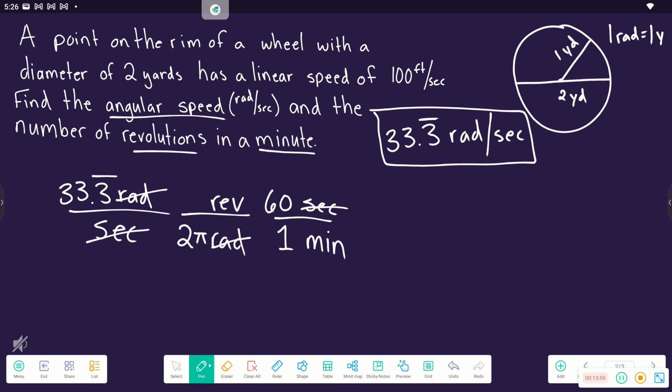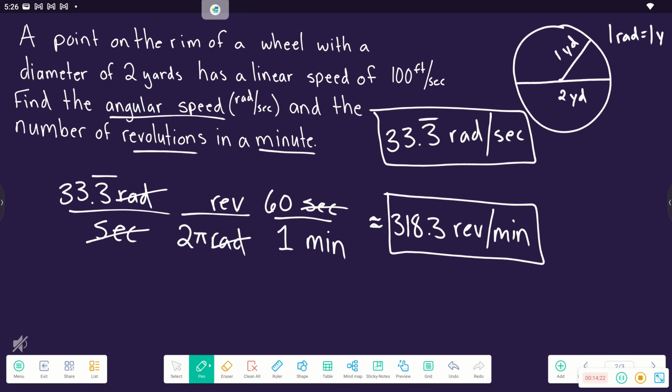Now, when I multiply this one, I don't like having pi in the denominator, so I am going to multiply by pi, or divide by pi, I guess, in this case. And you get approximately 318.3 revolutions per minute. Wonderful. Okay.